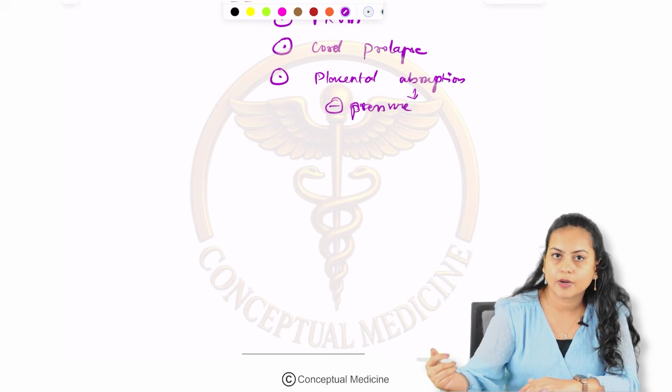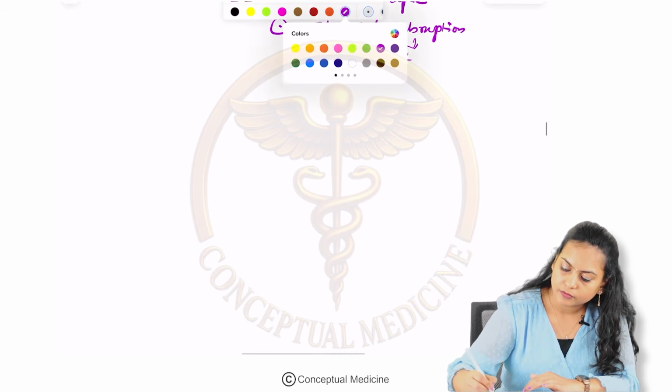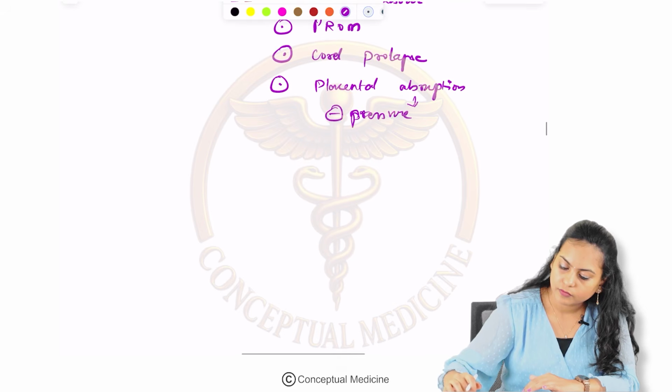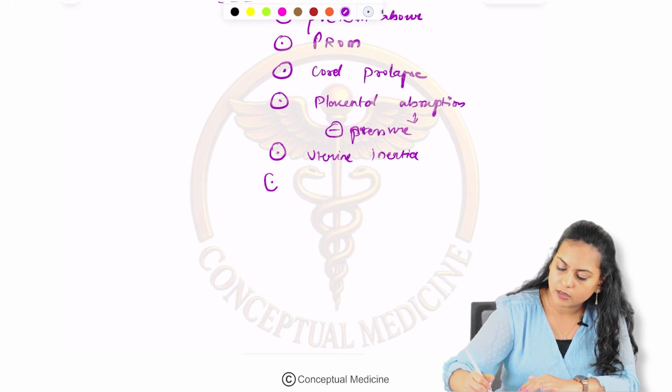So this will lead to separation of the placenta from the uterine wall. This can also lead to uterine inertia and postpartum hemorrhage.